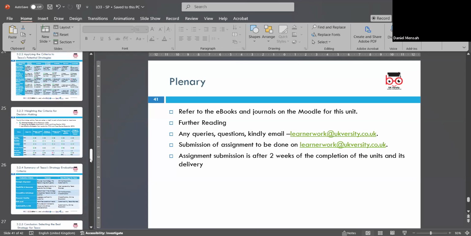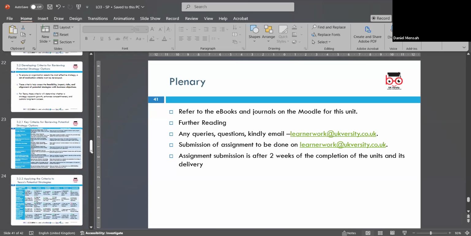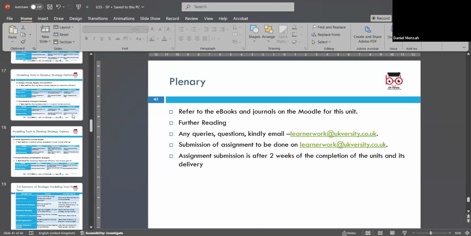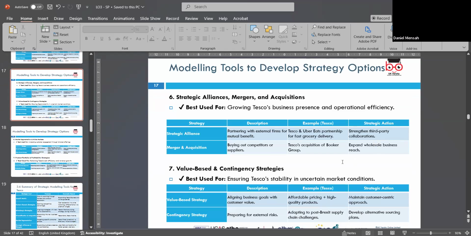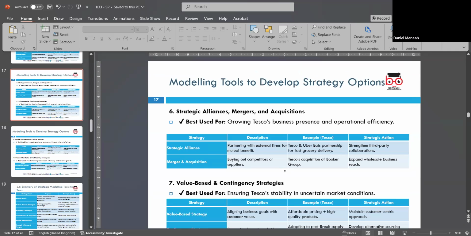But it is good for you to go through all these slides again and read these examples of Tesco's, go through Tesco's strategic options and strategic initiatives, and then connect the dots with the strategic options provided by different modeling tools. You will enjoy it a lot when you start connecting the dots and you will see how these parts connect with each other and how it works together.